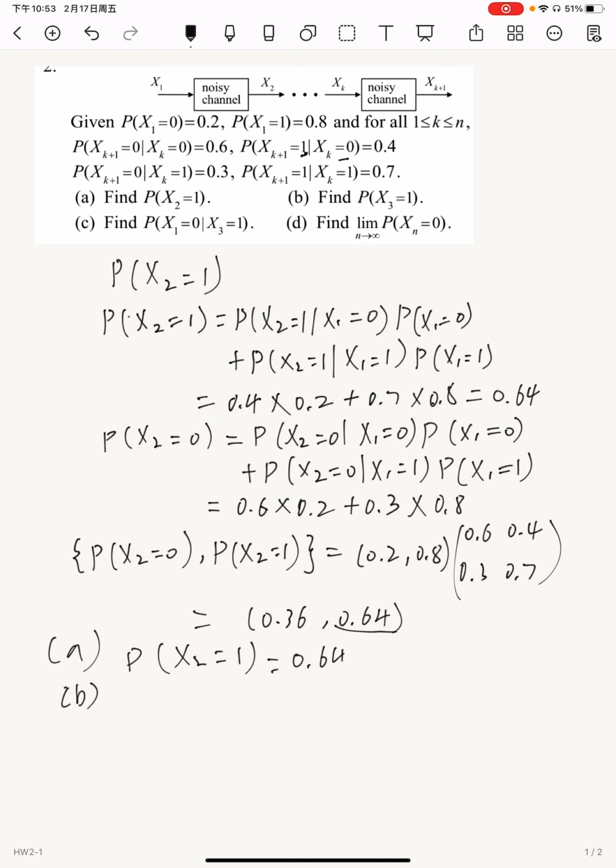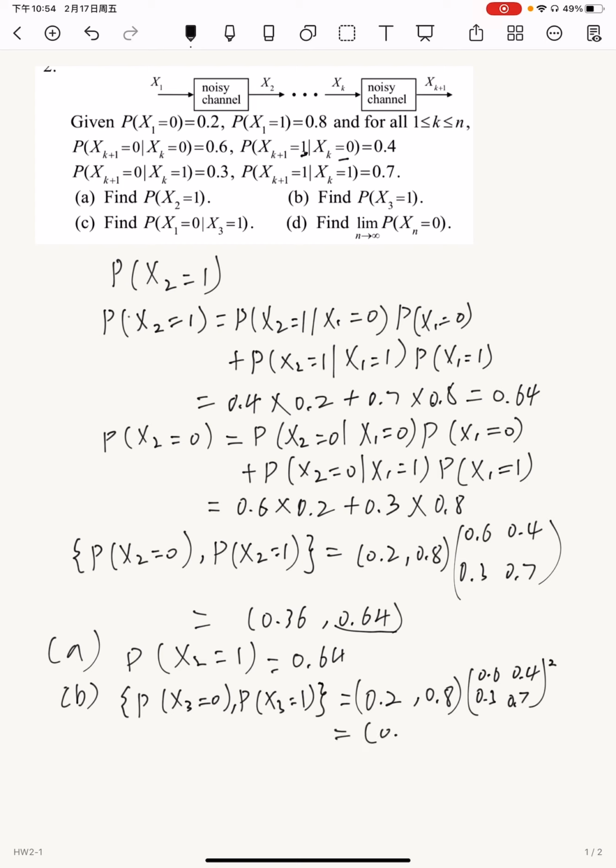So we can calculate the probability of x3 equal to 0 and the probability of x3 equal to 1 as 0.2, 0.8, multiplied by the matrix 0.6, 0.4, 0.3, 0.7 to the power of 2. So the output is 0.408, 0.592.